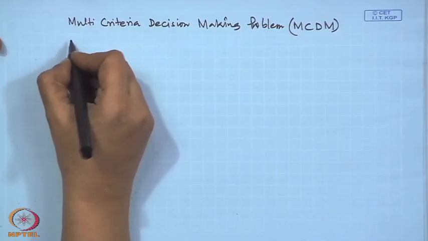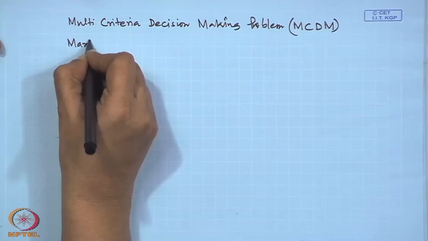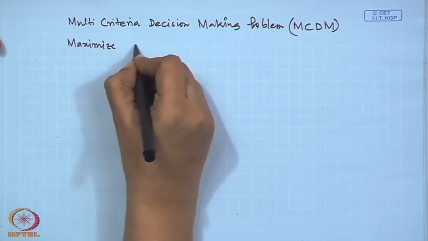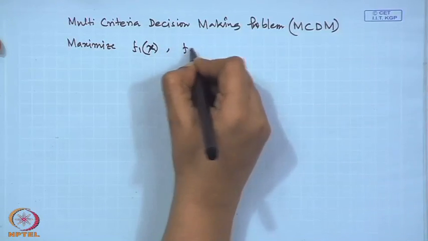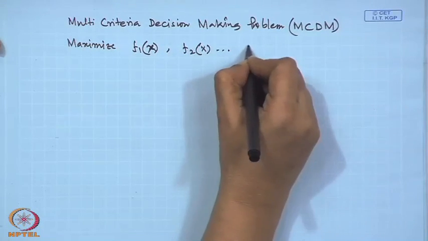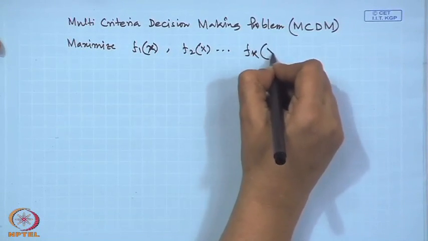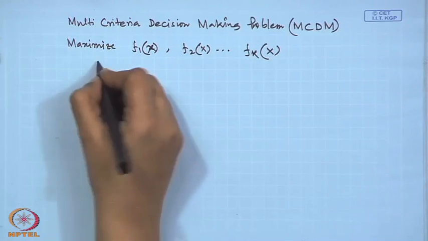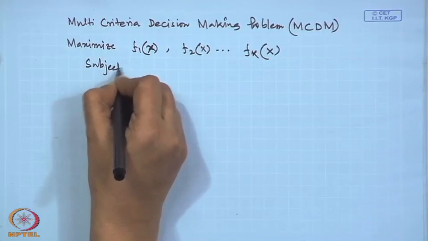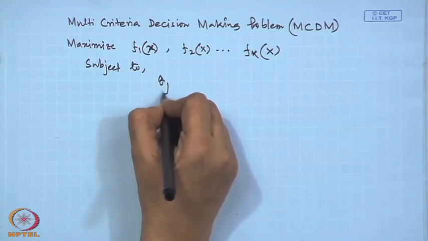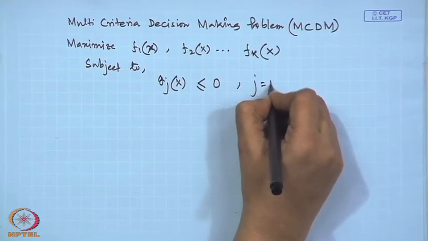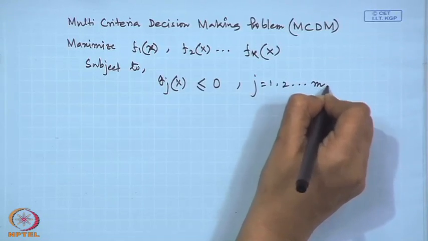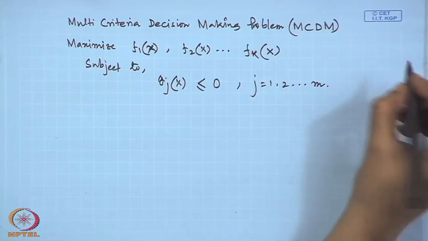If I write down the mathematical form of a multi-criteria decision making problem, I can write: maximize or minimize the first objective function, second objective function, up to k objective functions together, subject to a set of constraints, say there are m constraints.